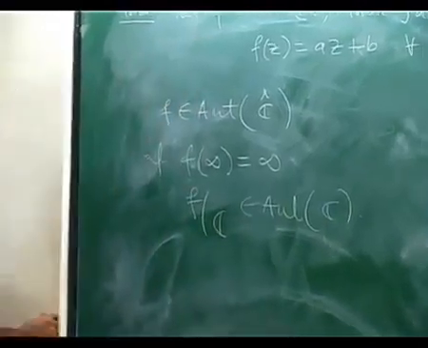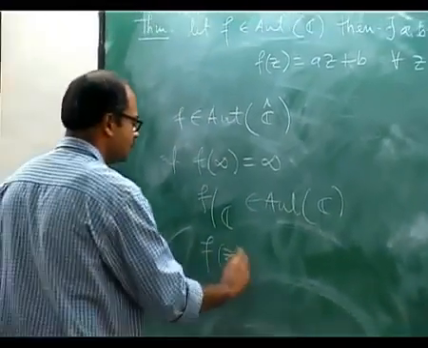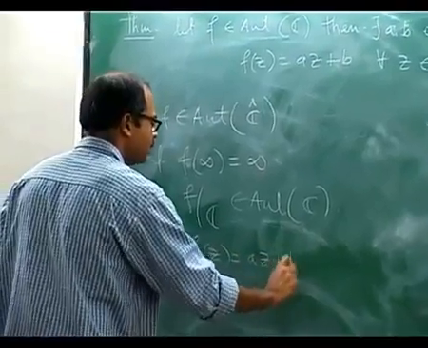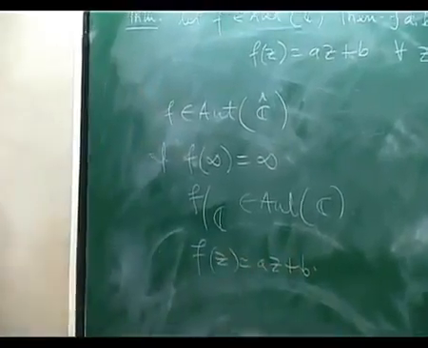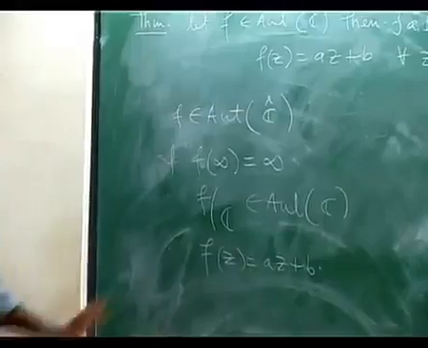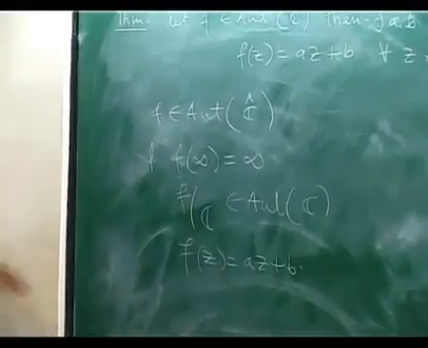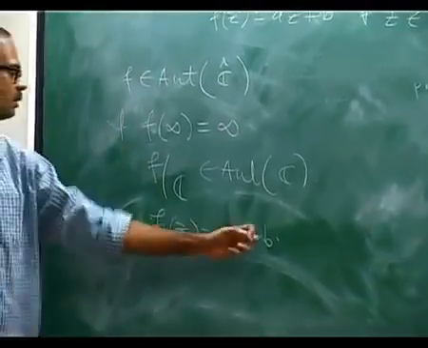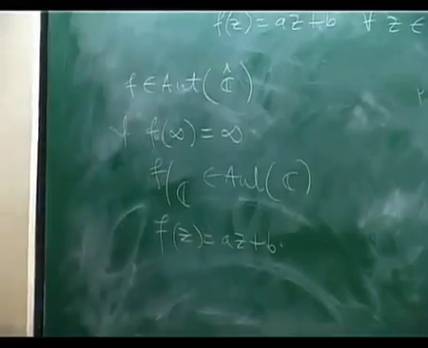Then you can simply use this and say that f(z) is az plus b, and this map also takes infinity to infinity. That will be the natural extension. So it takes infinity to infinity, and this is the map by the theorem directly.